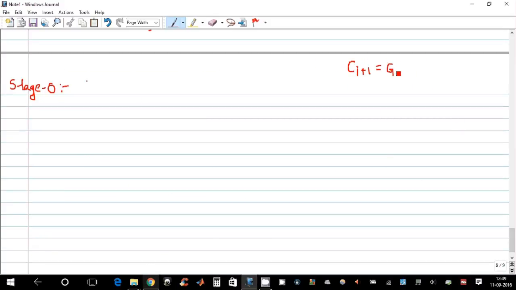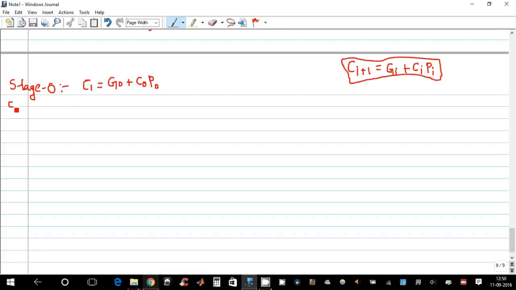Let us consider this to be our general expression, where i is our stage number. So for stage 0, that gives a carry out of C1 equal to G0 plus C0 P0.